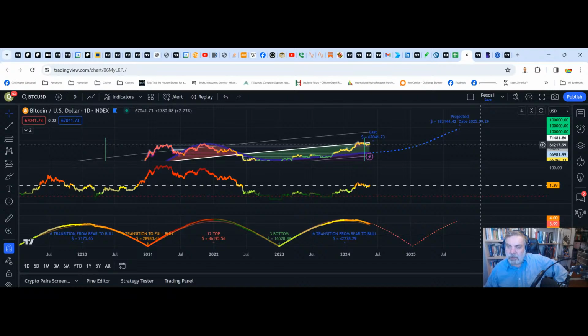So in this window, this is where we are going to expect the top, very likely September. So September 2025 is when we are going to have the top, and that top should be about $210,000. So this is why here is shown only 183, because it's not quite the top. It's 500 days from now.